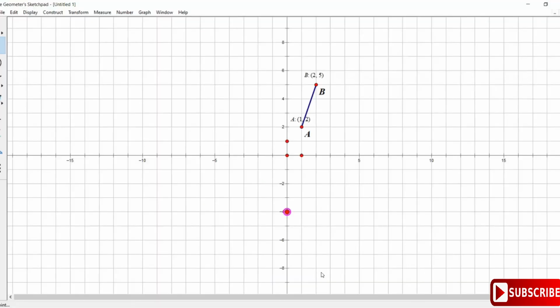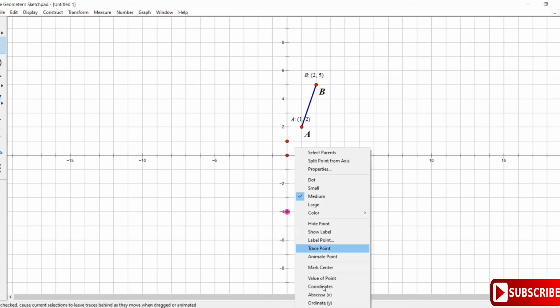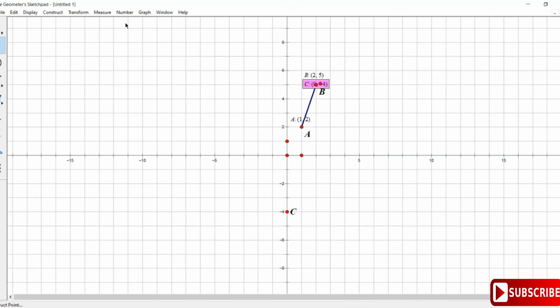So let's label this point as C. And then D is 1, minus 1. 1, minus 1 is right here. That's our point D. Nice. And then indeed, remember it said that AB is equal to CD. How can we show that these two are equal?